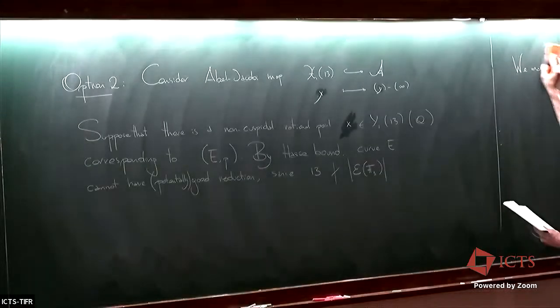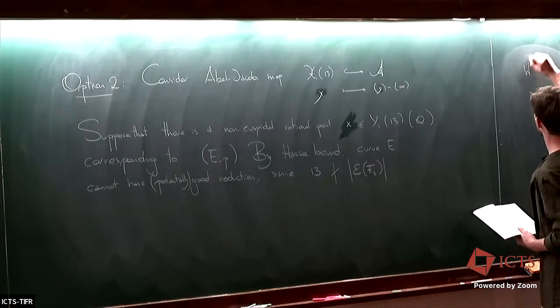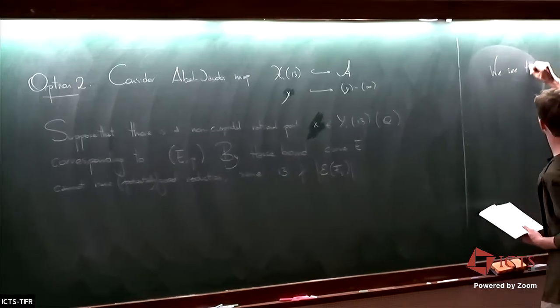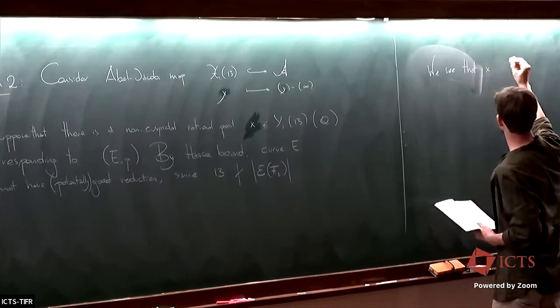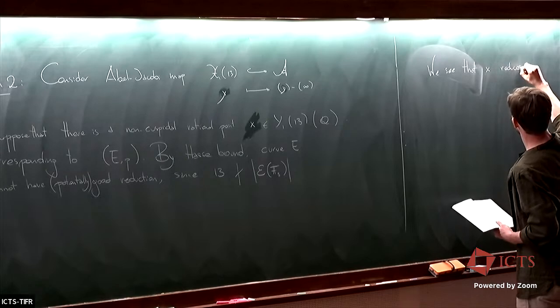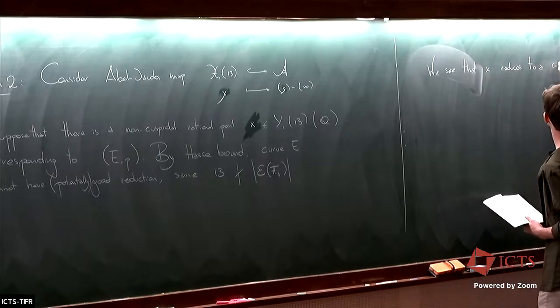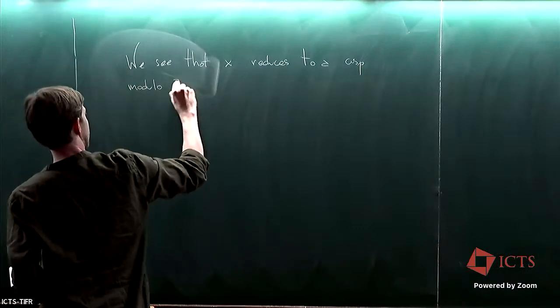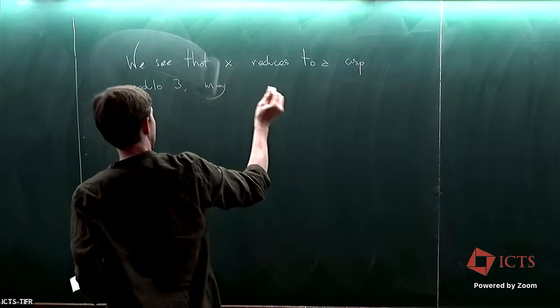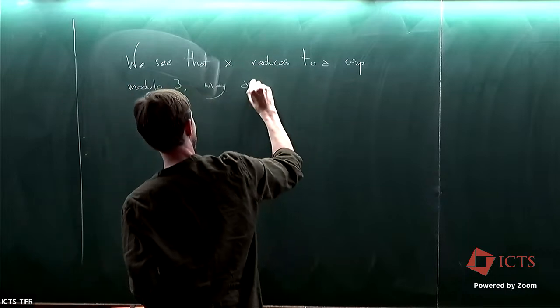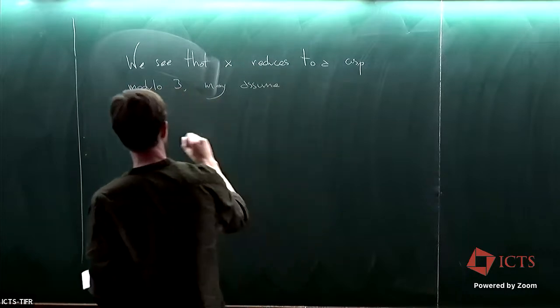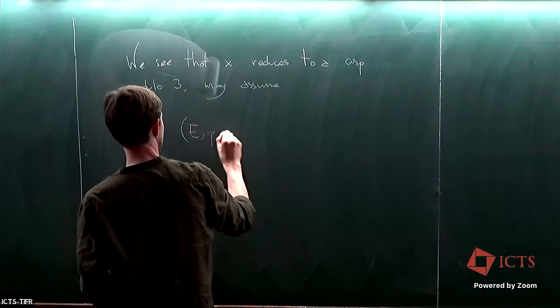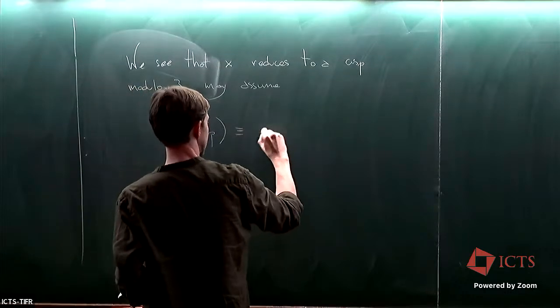So we may assume that X reduces to a cusp modulo 3, and by the reasoning I just gave you, we may assume, without loss of generality, that that cusp is infinity.